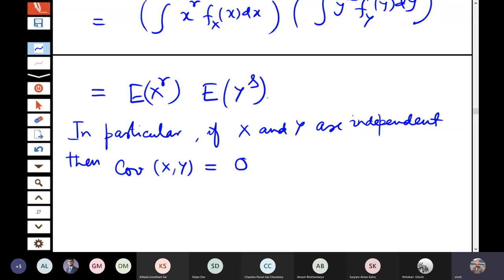If the random variables are independent, then the expectation of x into y will become the expectation of x into the expectation of y, and the two terms will get cancelled out. So is that clear?